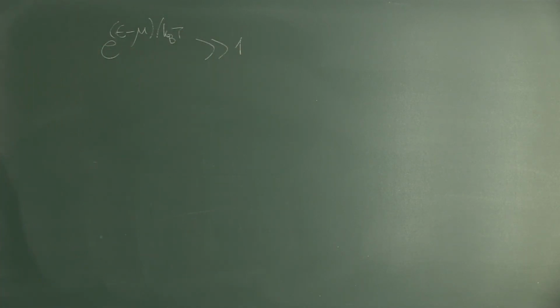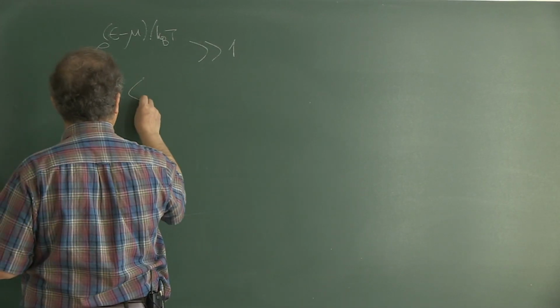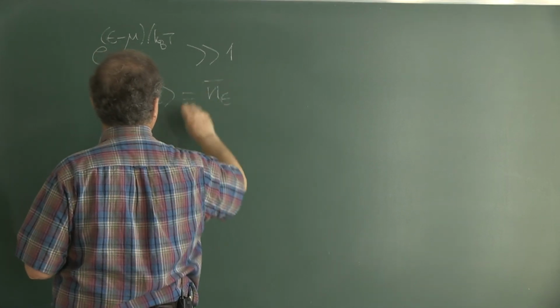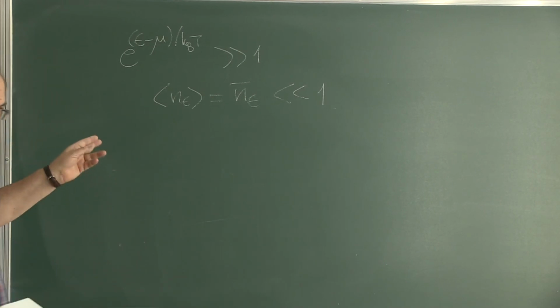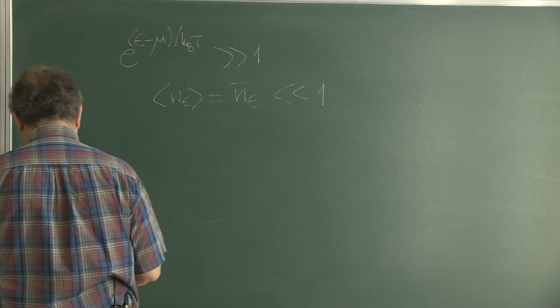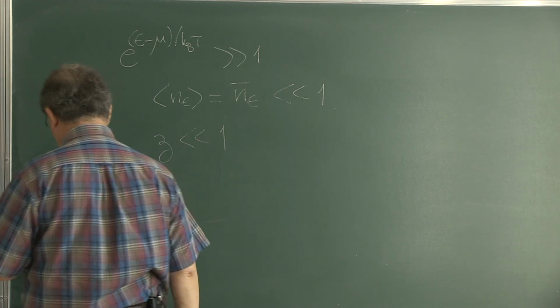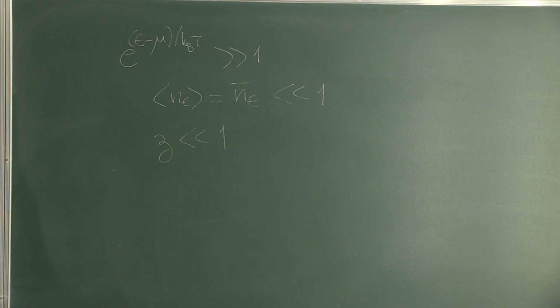That means occupation numbers are very small. In the classical case, that means n averages are very much smaller than 1, because it is the inverse of this quantity with a minus sign in the exponent. That means z is very much smaller than 1. Mu must be negative and very large in magnitude.